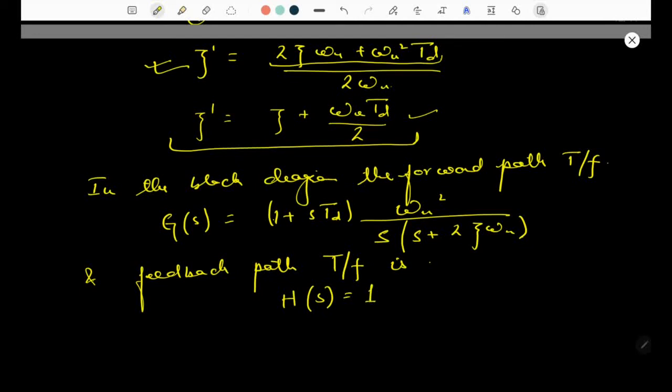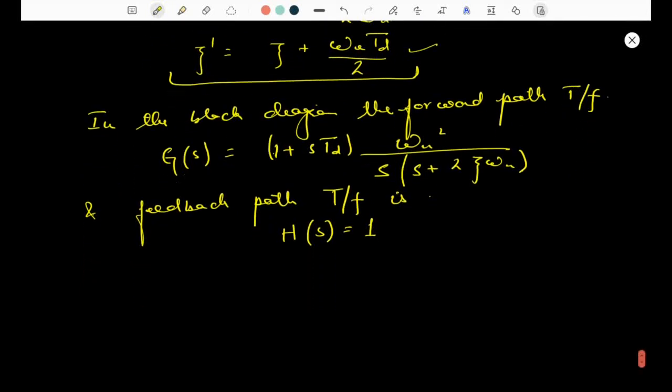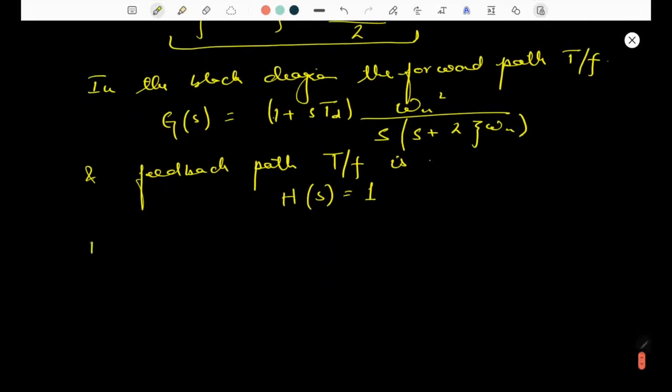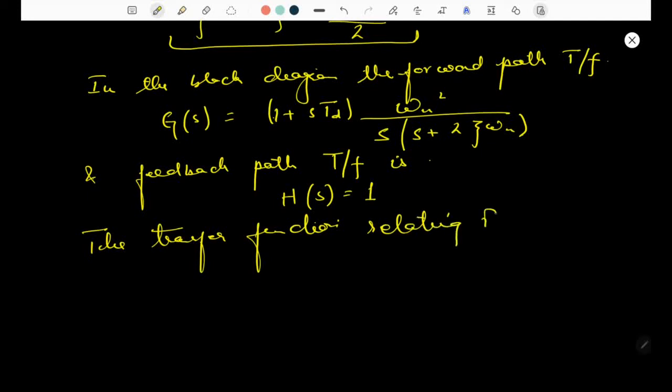Okay, so the transfer function relating E(s) and R(s): just go to the block diagram and you will know that. We have already studied it earlier.